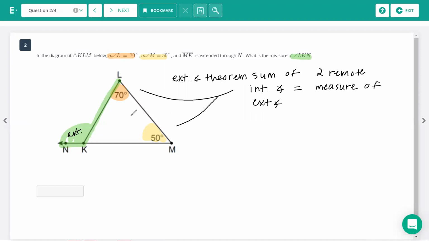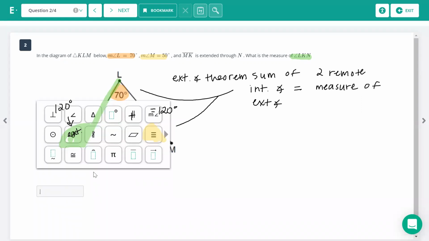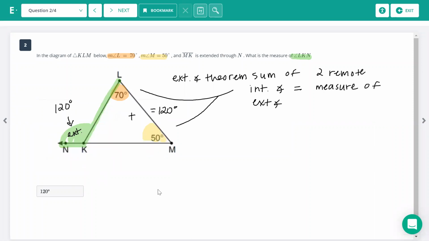Therefore, if I took the sum of these, 70 plus 50, I'm going to get a total of 120 degrees, which means that the angle I'm looking for, the exterior angle LKN, is 120 degrees. So your answer here in Edulastic, we'd be writing 120. You can add the little degree symbol as well.